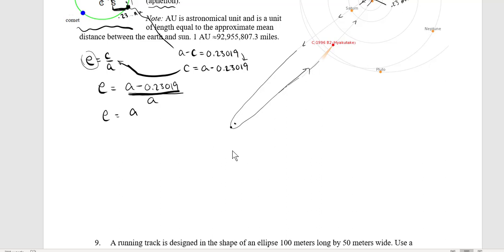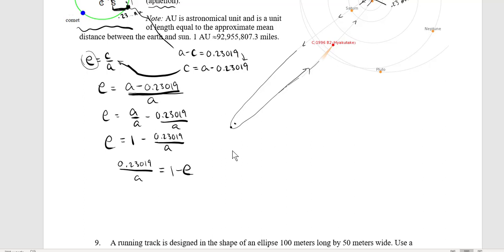I'm going to write this as A over A minus this 0.23019 over A. And now notice A over A is just 1. Kind of a long problem here. I will isolate that fraction itself. Check my work here. That fraction itself is going to equal 1 minus the eccentricity.